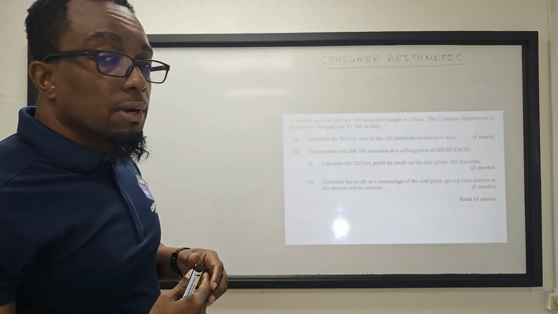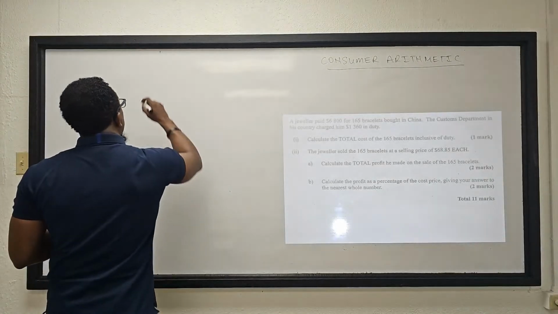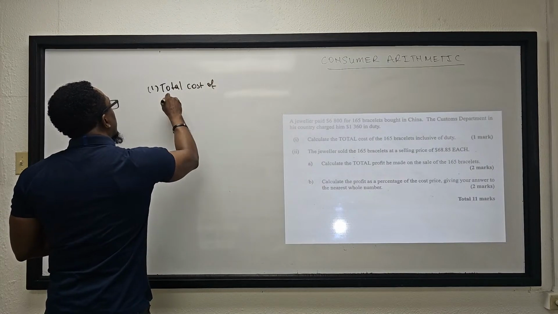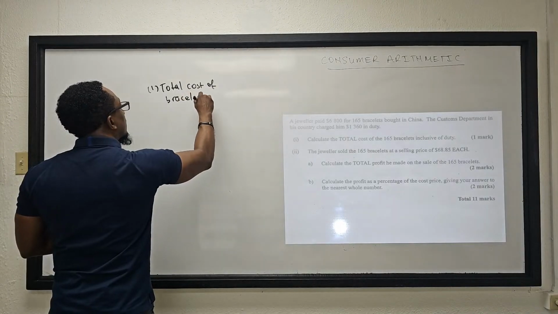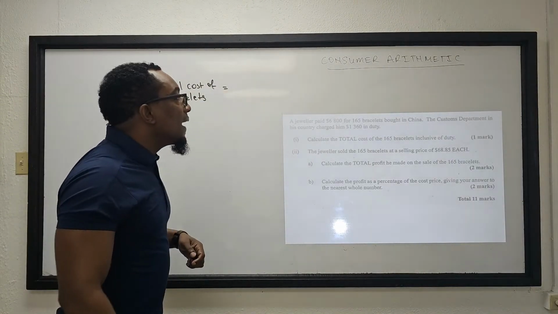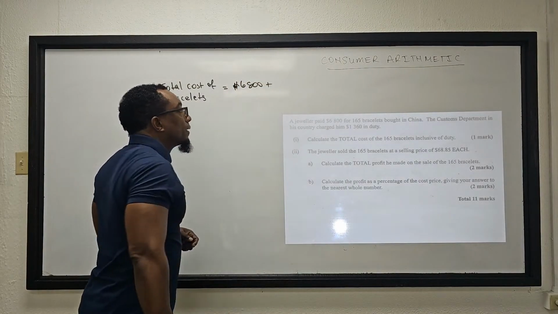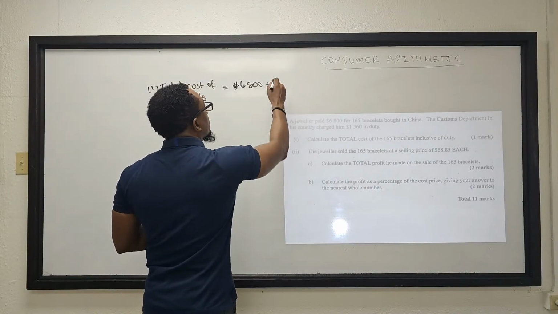So the total cost of the bracelets will be to add the cost of the 165, when I add to that the duty.